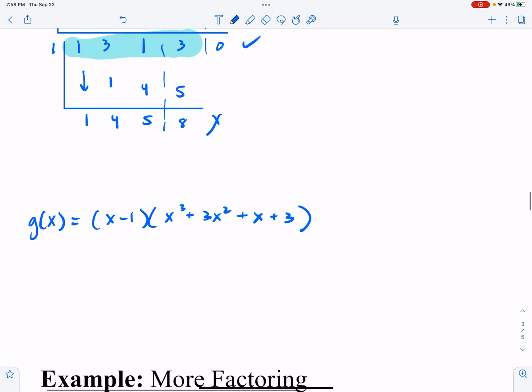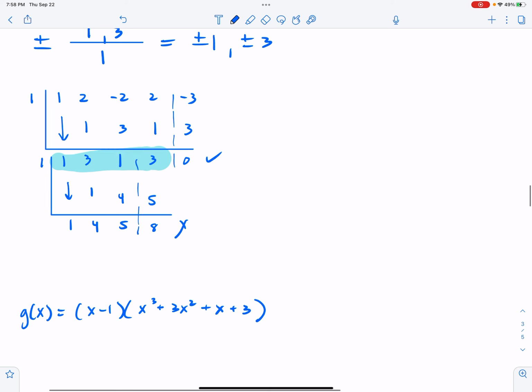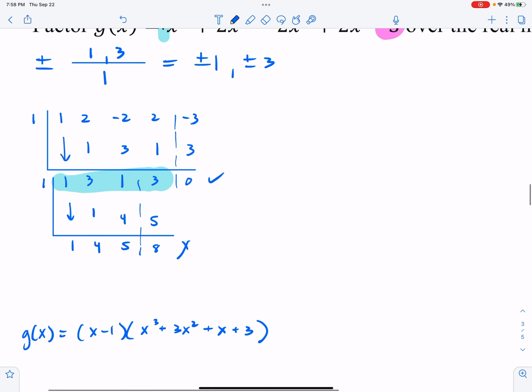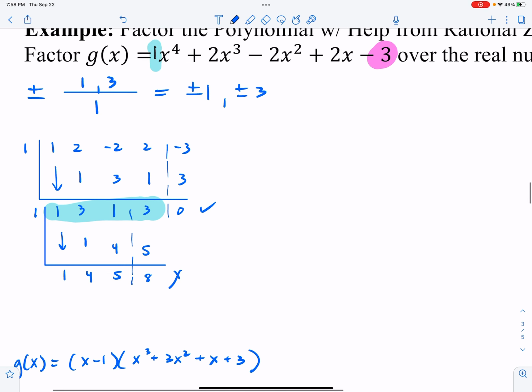And then you might notice, hey, I could finish factoring by grouping, or you can continue on using synthetic division. I think I'm going to try -3. So then using synthetic division, or you could factor by grouping, that's fine too.